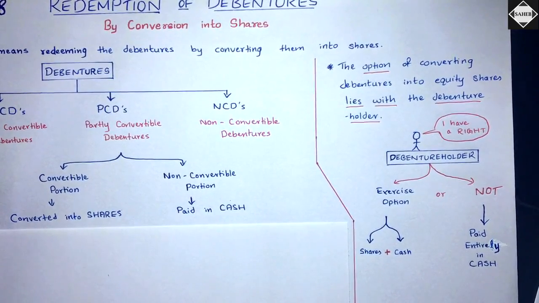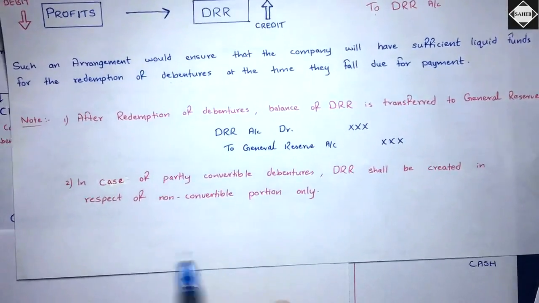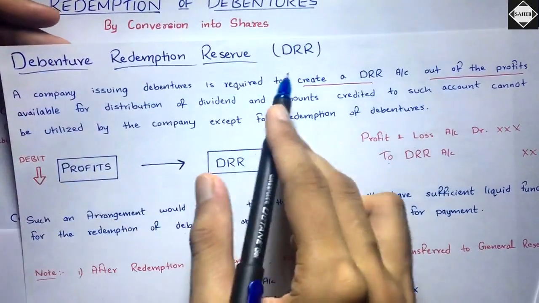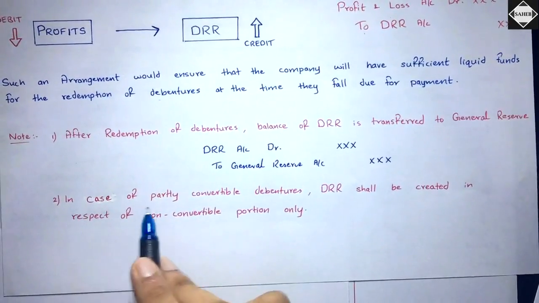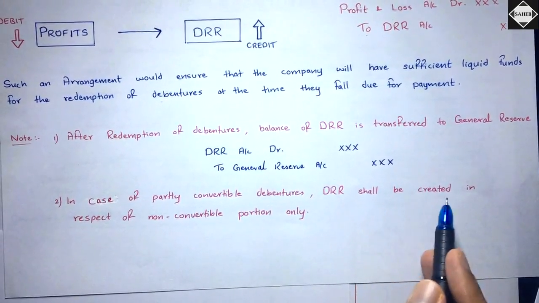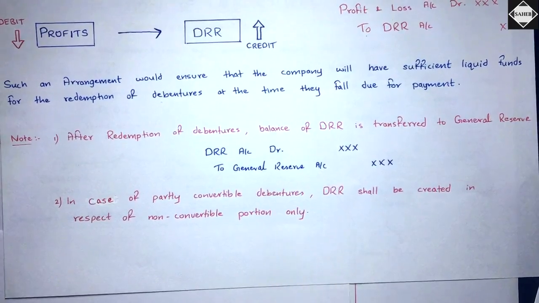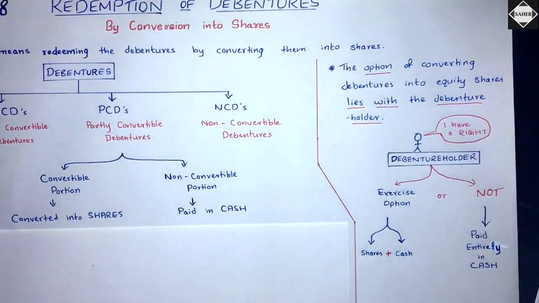Now you have to think logically, and I have said in the conceptual video, see here, in this DRR slide, in case of partly convertible debentures, DRR shall be created in respect of non-convertible portion only. Just for an example, 1000 debentures are there.